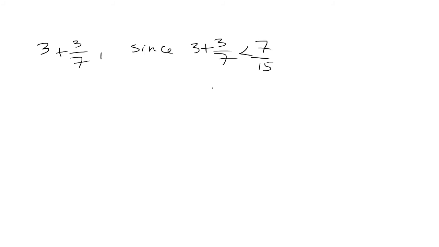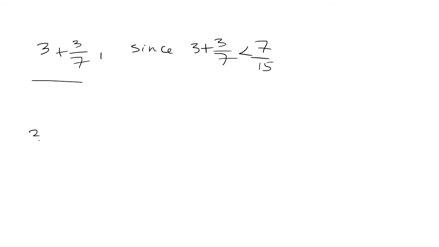So let us therefore try the following: 3 plus 3 divided by 7, since 3 plus 3 divided by 7 is less than 3 plus 7 divided by 15. Okay, so let's try with 3 plus 3 divided by 7.